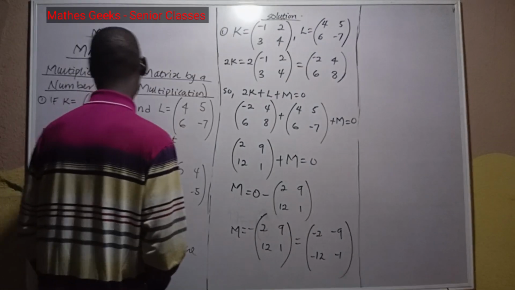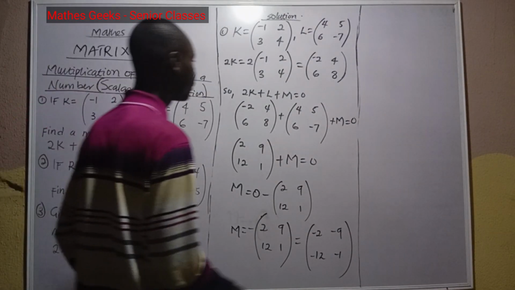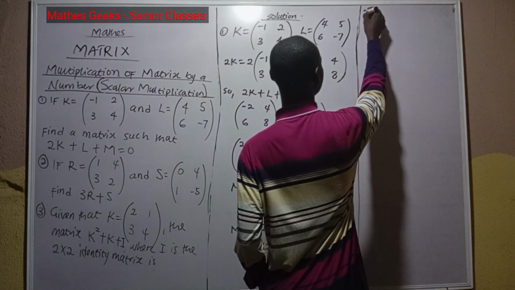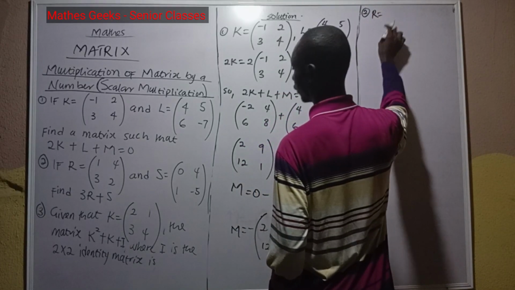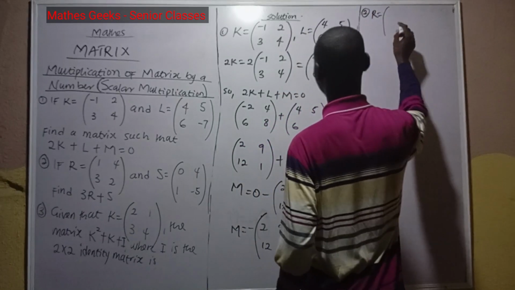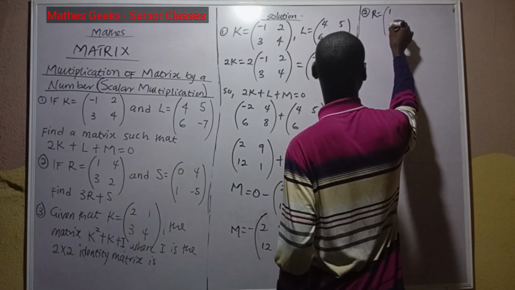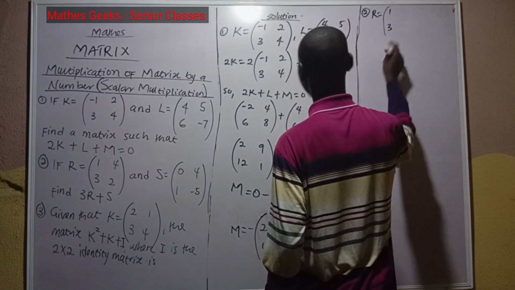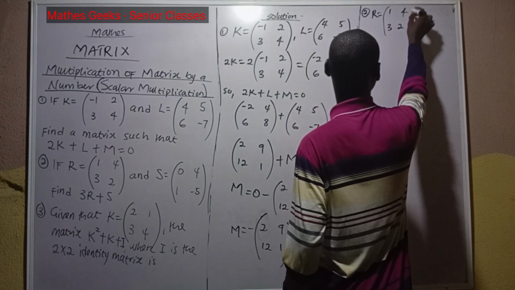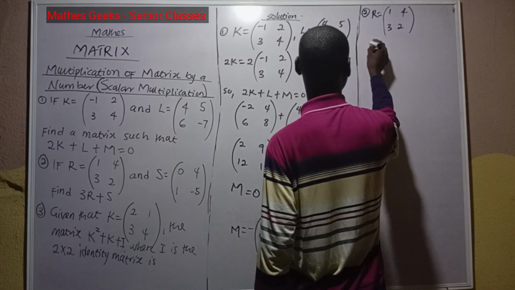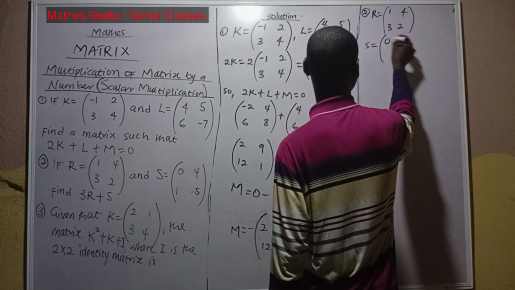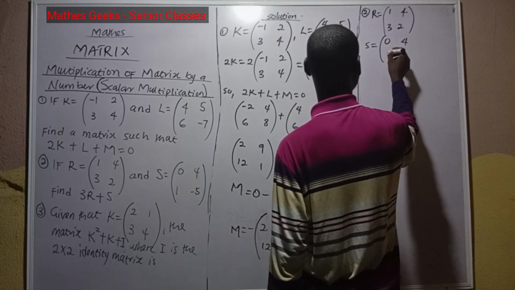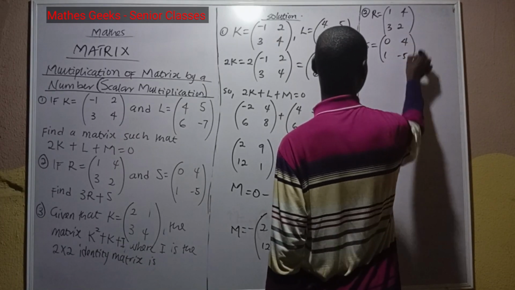That's the implication. So number 2, our matrix R is equal to 1, 2, 4, 2, and matrix S is equal to 0, 4, 1, minus 5.